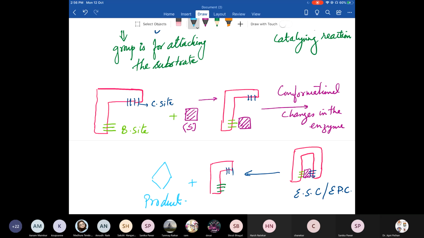Did you understand how it works? Initially, the enzyme will not have specificity. But once the enzyme is exposed to the substrate, it changes its conformation in such a way that it binds and brings out the reaction and results in the formation of product. Clear?